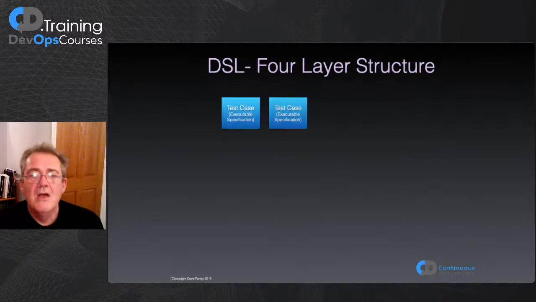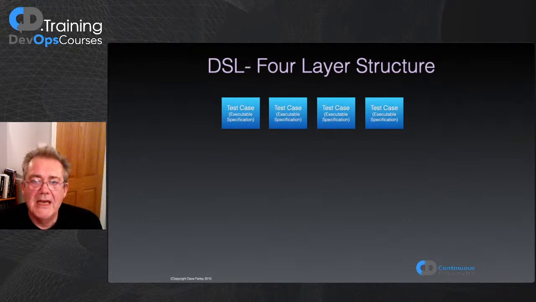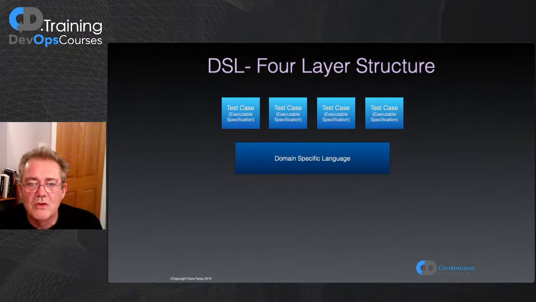What I'm describing here ultimately, and really the theme for my talk today, is this 4-layer structure for acceptance testing. At the top of this layered structure are our test cases, captured in the way that I've described, in this domain-specific language that allows us to express ideas from the perspective of an external user of the system in the language of the problem domain, focusing only on what the system should do.